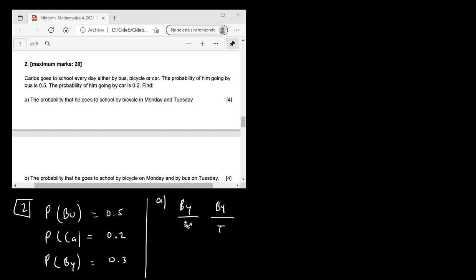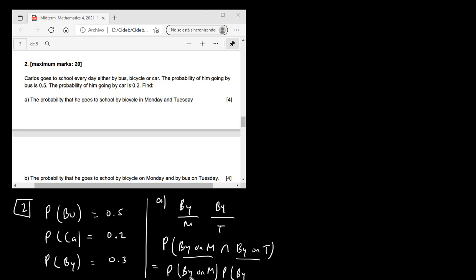So basically, this is the same as the probability of going by bicycle on Monday and going by bicycle on Tuesday. Since these two are independent, then they should be equal to the multiplication of the probabilities, right?